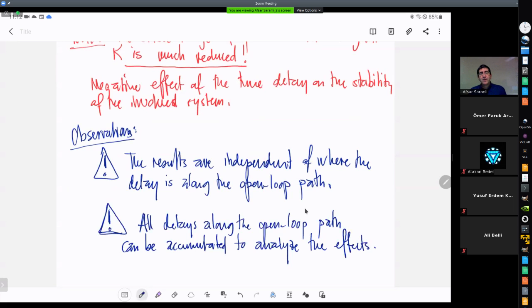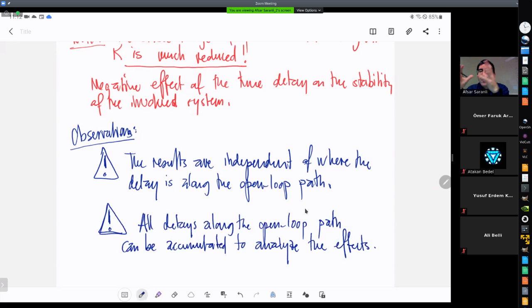Okay, so if you have a physical system where there are different amounts of delays distributed along the control loop, all you need to do is basically account for every delay along the open loop path and collect them together in the form of a single delay. The mathematical effects will be the same.